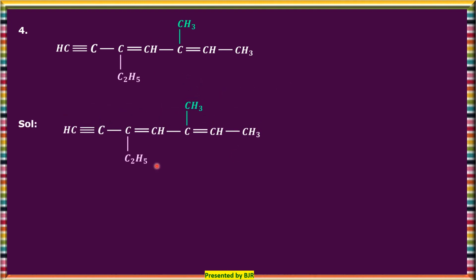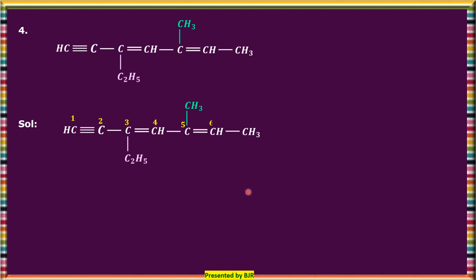Next, problem number 4. This is a molecule containing 1 triple bond and 2 double bonds. We have to provide the IUPAC name for this. Solution: take down the molecule as it is. First, we have to number the carbon chain. This is the longest chain of carbon atoms, and I am numbering the carbon chain in both ways, that is, from left to right and from right to left also.